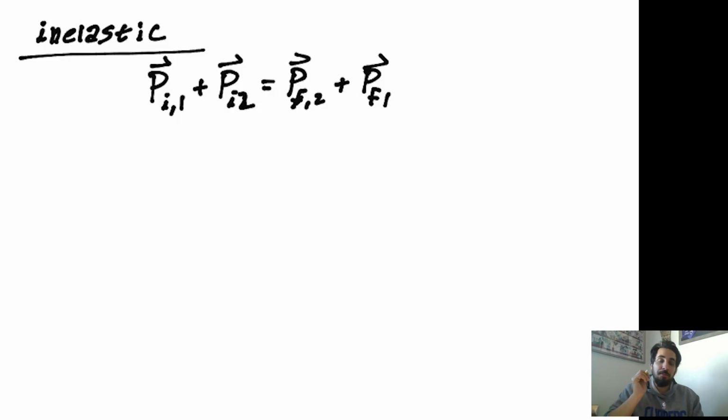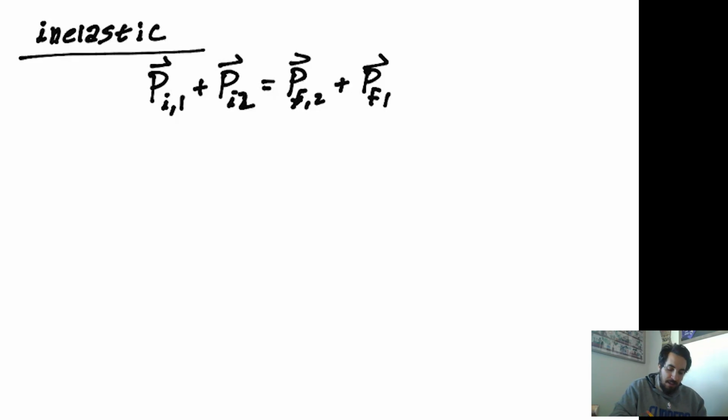There will always be some deformation that needs to occur for your inelastic objects to stick together. And since there is some deformation happening, that means there are internal transfers of energy, and these internal transfers of energy take away from the net kinetic energy.